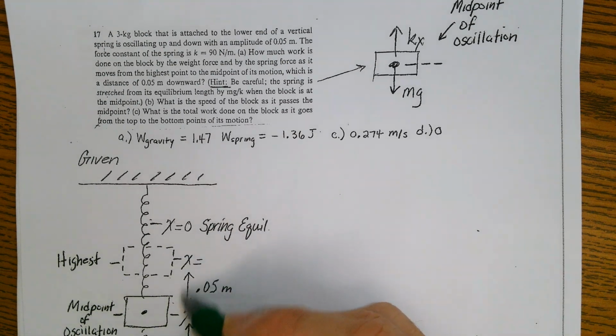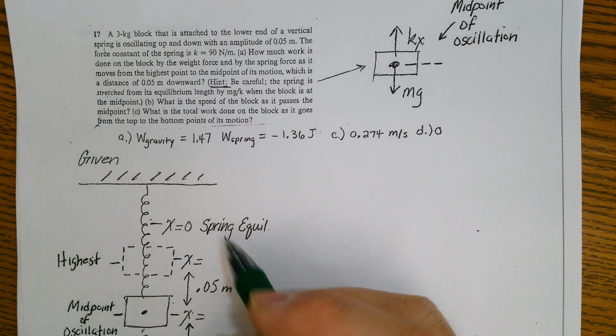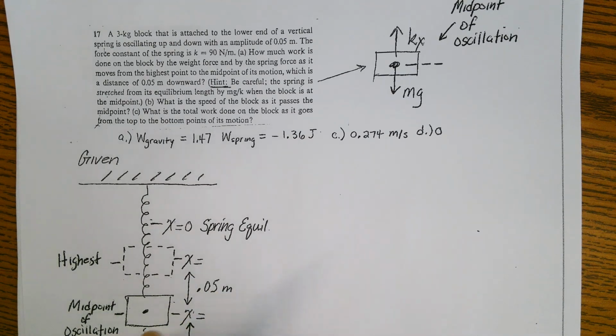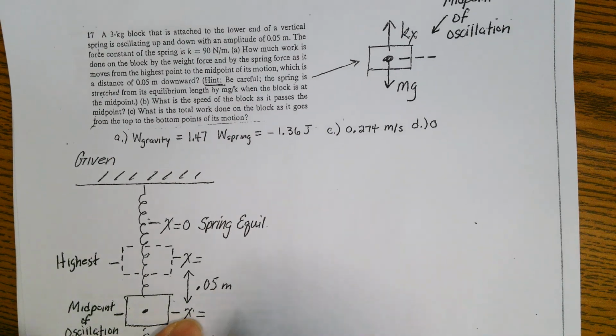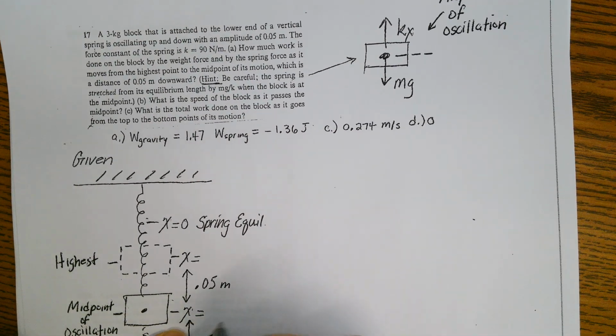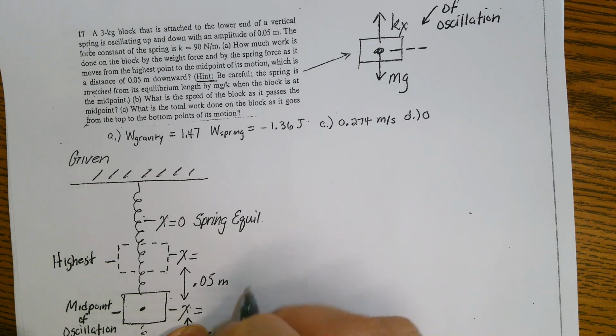So when it's oscillating 0.05 meters from the midpoint of this system, which is the equilibrium position of my whole block spring system.